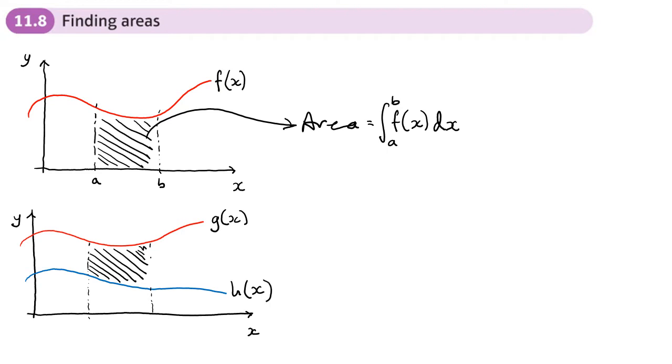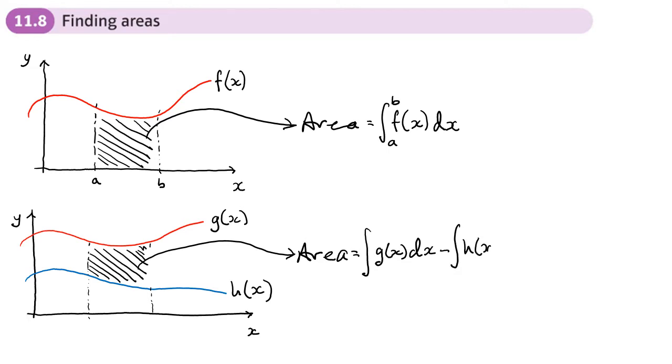There are two ways in which we can find that area. We can find the area underneath the top curve, g of x in this case, and subtract the area underneath the bottom curve or graph.